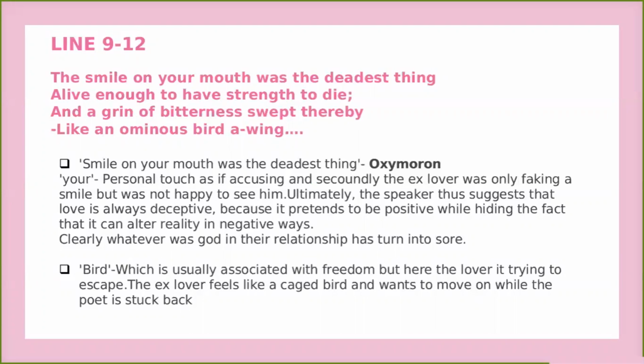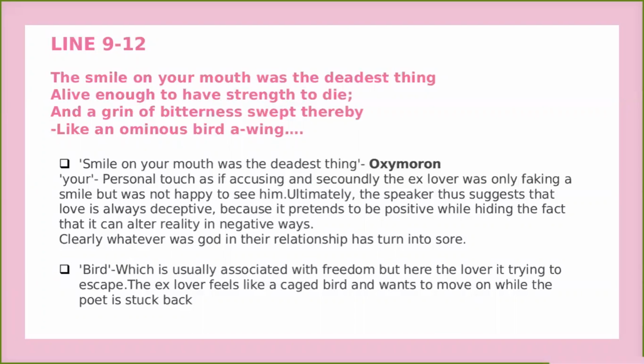So clearly, the lover is faking a smile. There is a faking grin. So clearly, the ex-lover is emotionless or has no affection towards the poet, and like an ominous bird. A bird is usually associated with freedom, but here the lover is trying to escape.